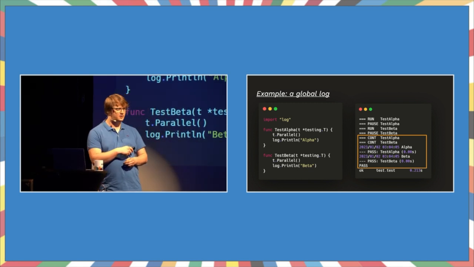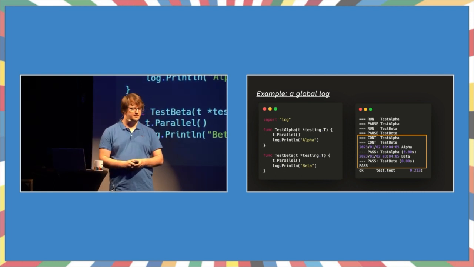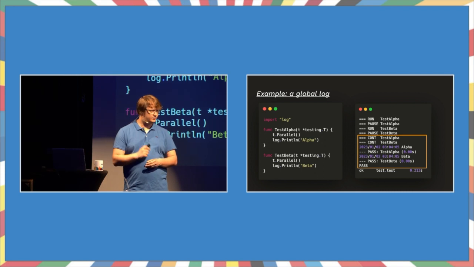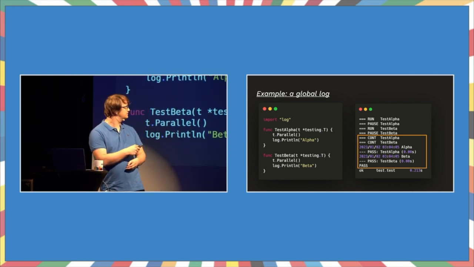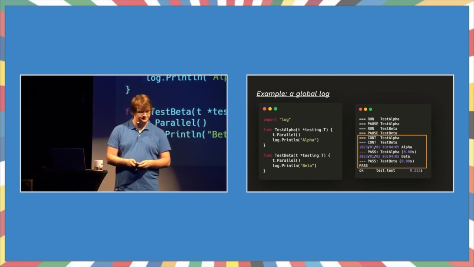You have a logger, the standard log, somewhere in the depths of your code base. And when you run two tests in parallel, you can see that the alpha and beta output in the go test -v log are out of order, right? This is because you're not using the right logger, which should be passed down somehow to the lowest levels where you use it.